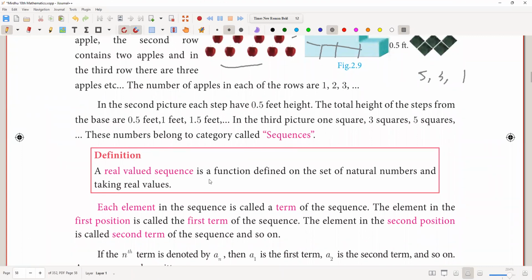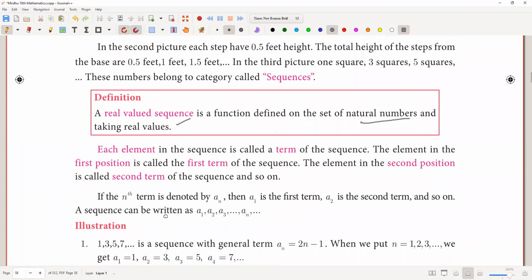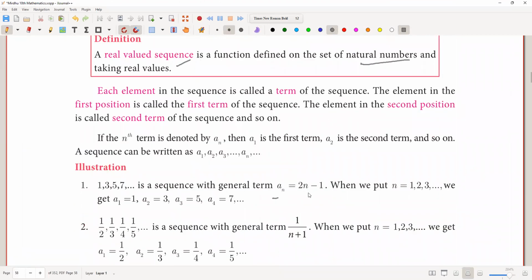Definition: a real valued sequence is a function defined on the set of natural numbers and taking real values. For example, a_n: n will be taking only natural numbers 1, 2, 3, 4, 5, etc. Only natural numbers.